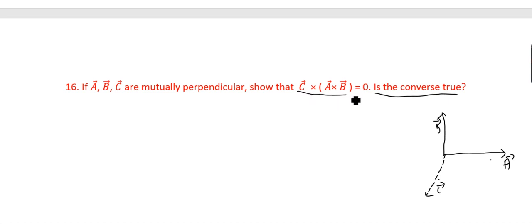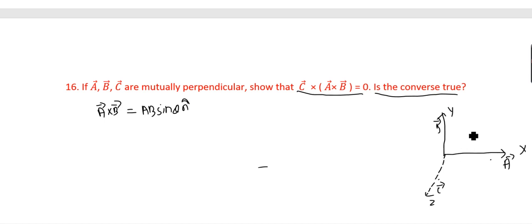First we have to show that this product is 0. The bracket term is A cross B. We already know it is a vector product, so its result is AB sin theta n cap, where theta is the angle between A and B, and n cap is the unit vector perpendicular to the plane which contains both A and B. If this is the X axis, this is the Y axis and this is the Z axis, then the n cap direction is along the Z axis.